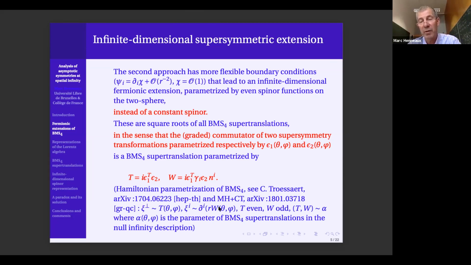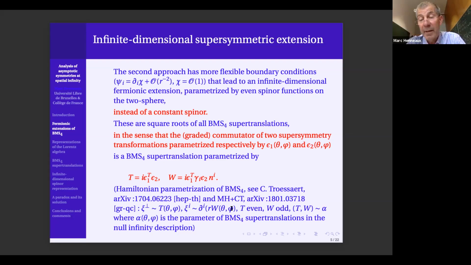So that was considered by Cedric some time ago, and we made some formulas more explicit later. But the idea is that this is the Hamiltonian description on a space-like hypersurface. So a diffeomorphism will have a normal component, which turns out to be T, and a tangential component, which is constructed out of W in this way, with T even and W odd.